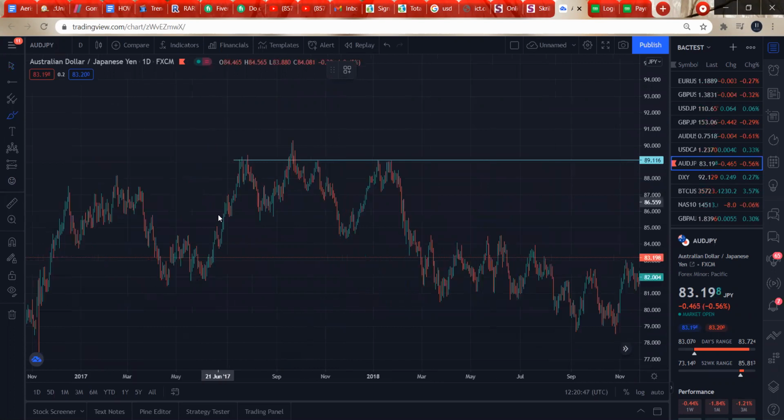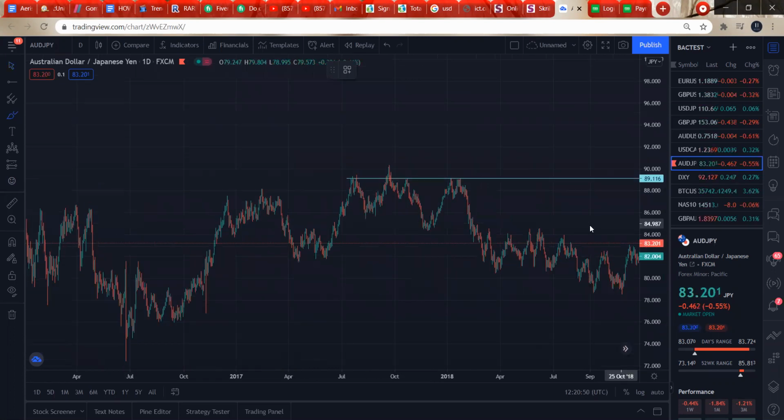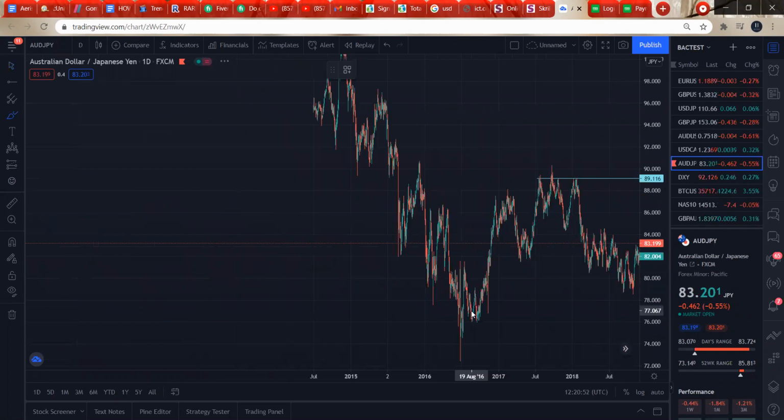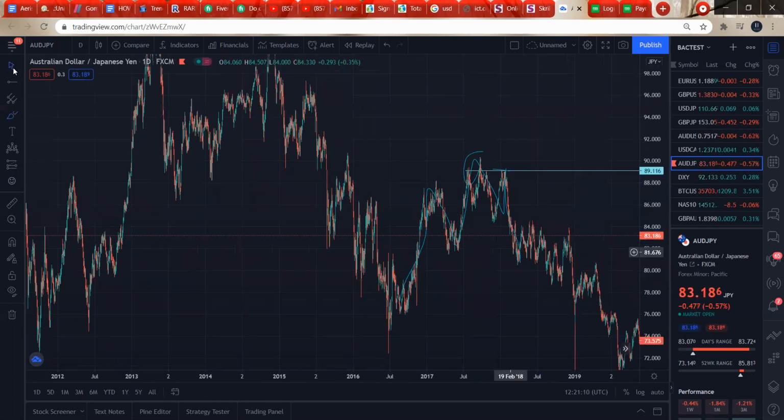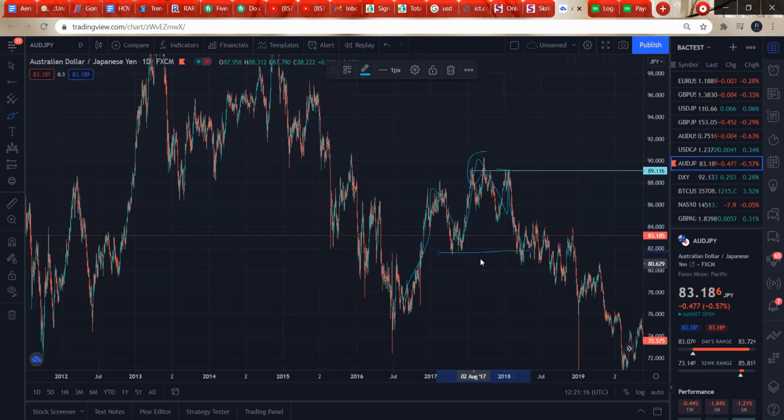In this structure here, you can see that the market was coming up, impulse, correction. It was in an uptrend. Impulse, correction, impulse, and then this impulse failed to break this high. And then after that we had an impulse to the downside, and then this impulse broke these lows.